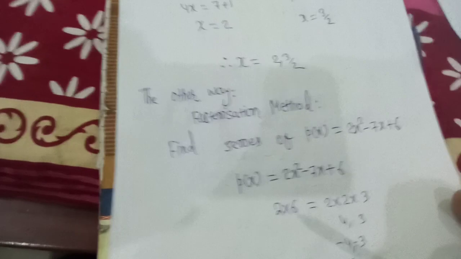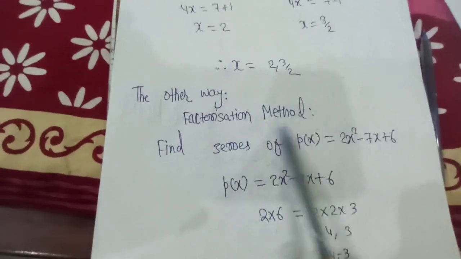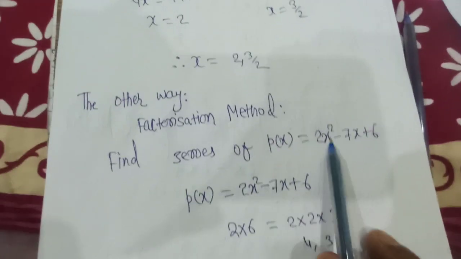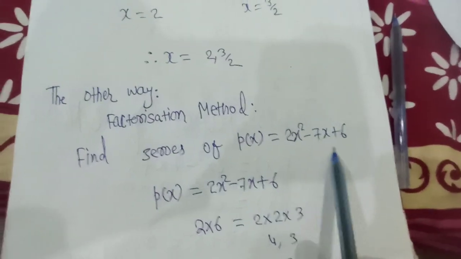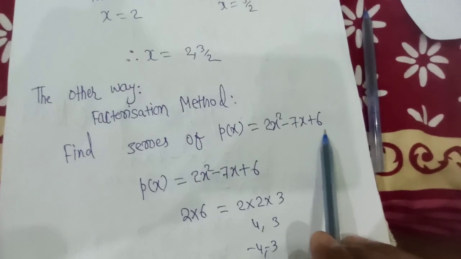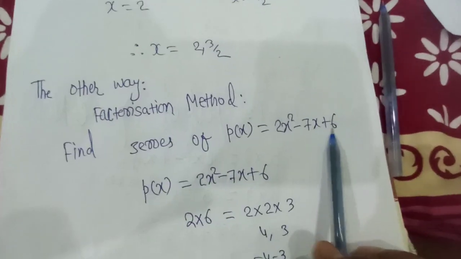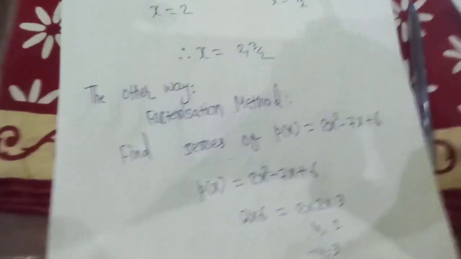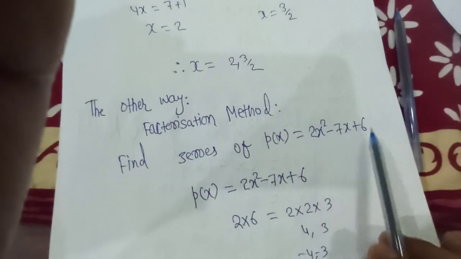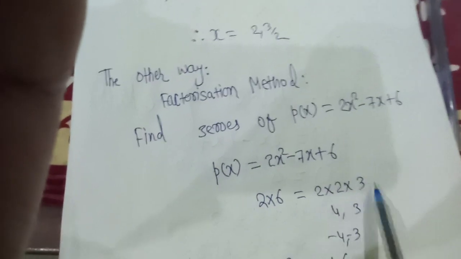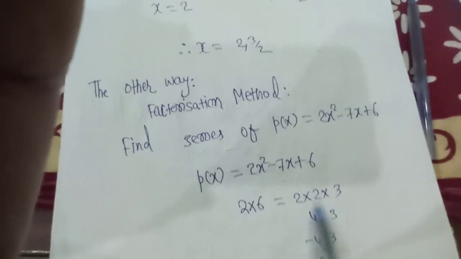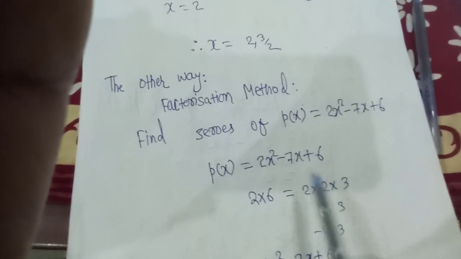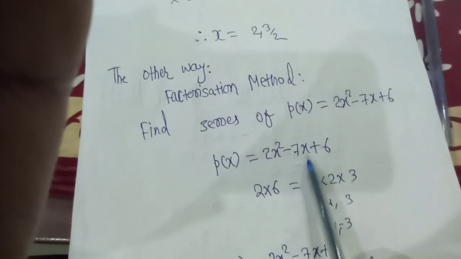In 9th standard you must have learned the factorization of polynomials. In the case of a quadratic polynomial, how did we factorize it? We simply took the last term and first term, multiplied both numbers, and then figured out two numbers such that their sum or difference equals the coefficient of the middle term.